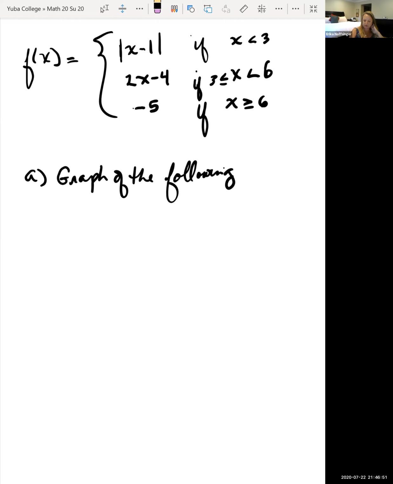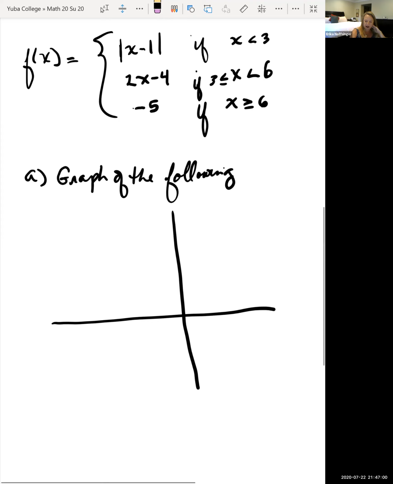We can think about that using transformations of a graph. The absolute value of x minus 1 would be a transformation of the graph of the absolute value of x, which is a V, where that point is at the origin. This minus 1 is shifting it over 1 unit to the right. And so we have this graph that looks like a V.